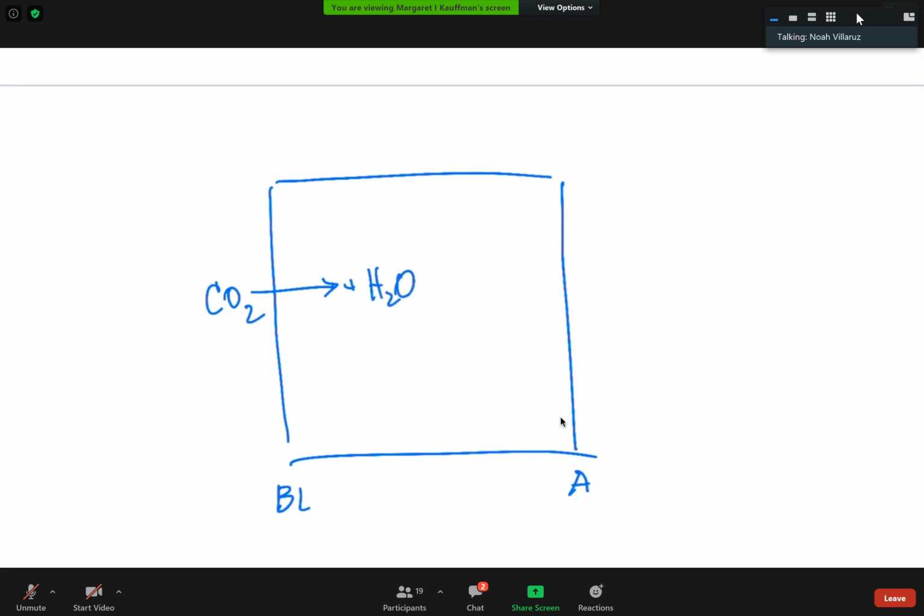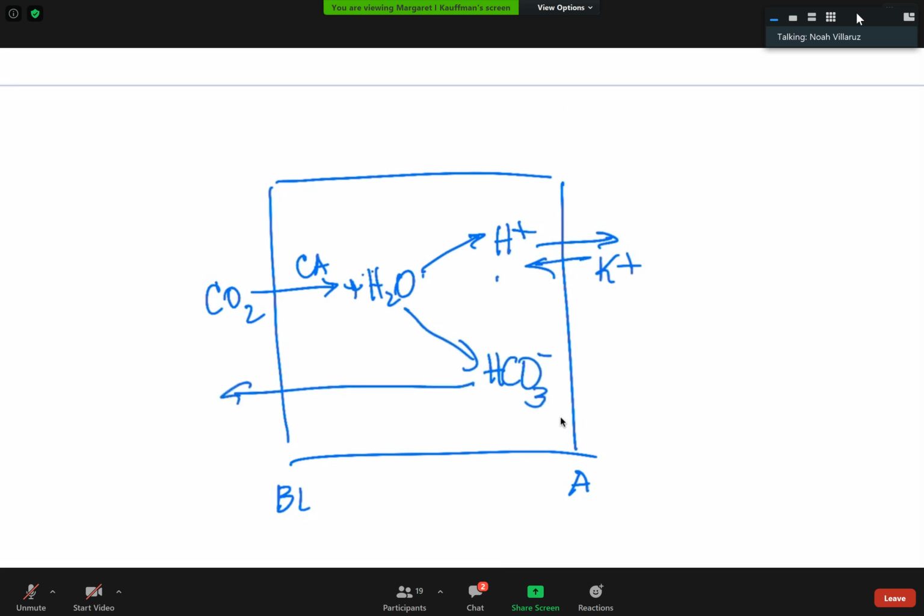This carbonic acid will then split into bicarbonate and hydrogen, and then hydrogen is going to exit onto the apical side through an H plus, K plus ATPase antiporter. Also, while this is happening, K plus is leaving the parietal cell, and this is basically to fuel this antiporter to work. On the bicarbonate side, the bicarbonate's going to leave on the basolateral side through a bicarbonate chloride antiporter.